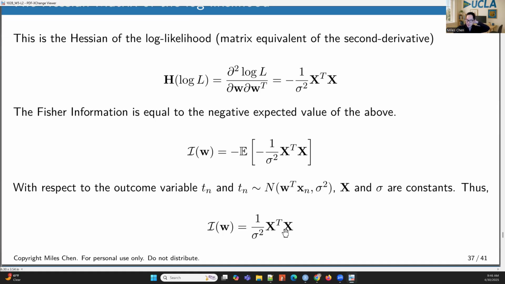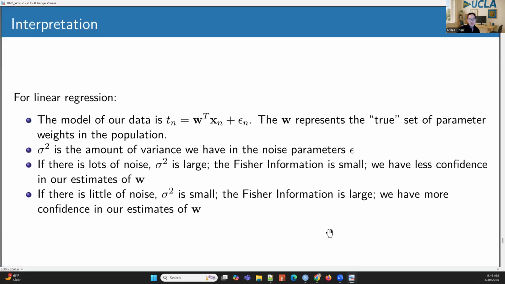So X is a constant if we're thinking about the expected value of t. Our negative expected value of our Hessian matrix is going to be 1 over sigma squared X transpose X. And this is how we can interpret all of this.